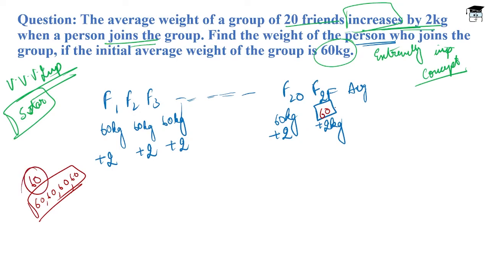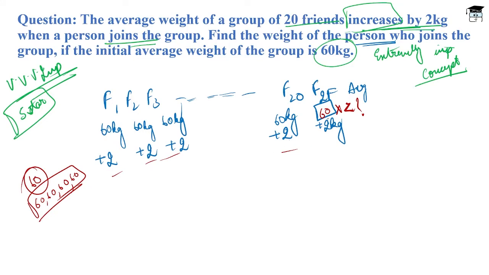But here the weight is not 60, it is more than 60. That is why it is increasing the average of the whole group. The weight of the person who is joining the group is not 60. It is more than 60. Only that is why it is increasing the weight by 2 kgs. I hope this is clear.